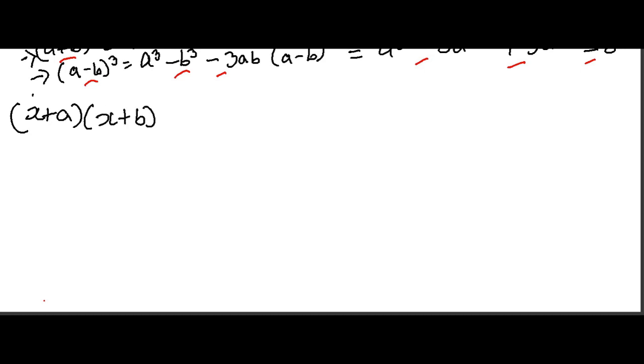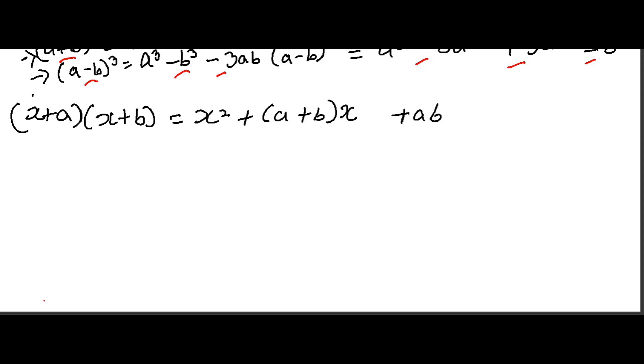This is equal to x square plus a plus b into x plus ab. Now we'll work out 4 together.